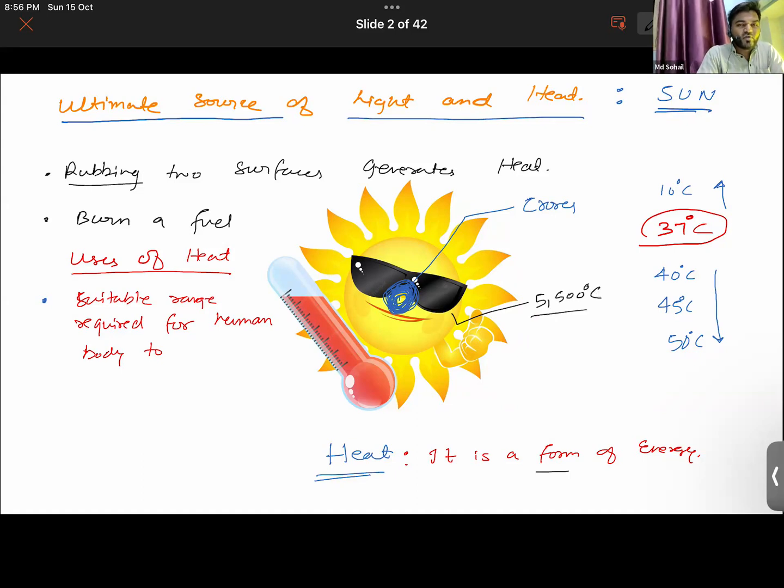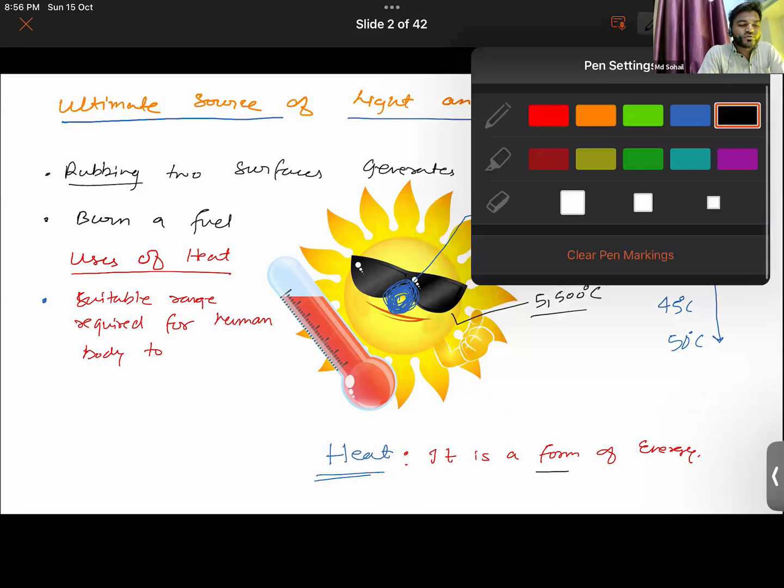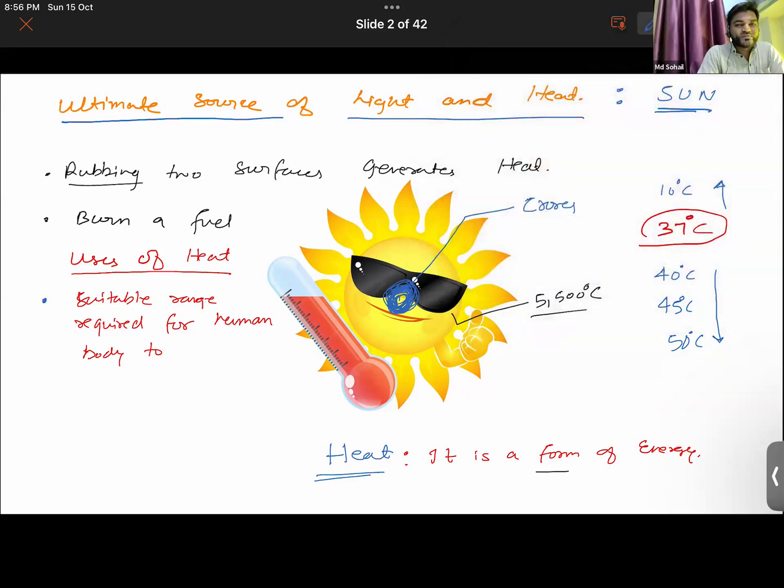How did we get to know this? We got to know this because satellites from Earth were sent into orbit near the sun. Thereby we studied the surface temperature of the sun, and we speculated that the temperature of the core could be in crores.